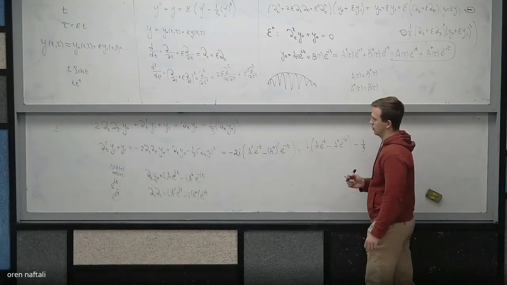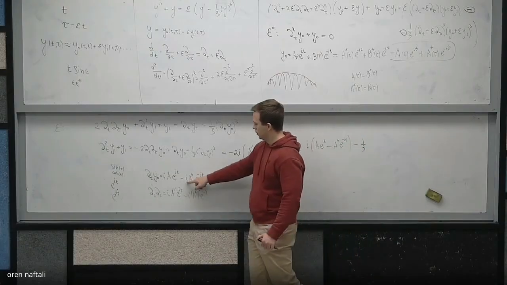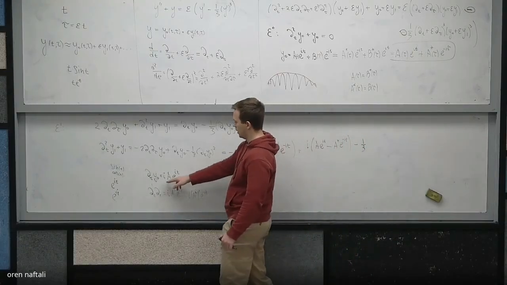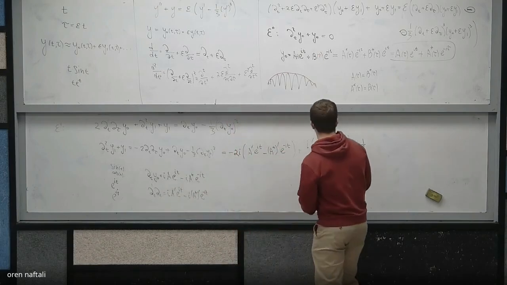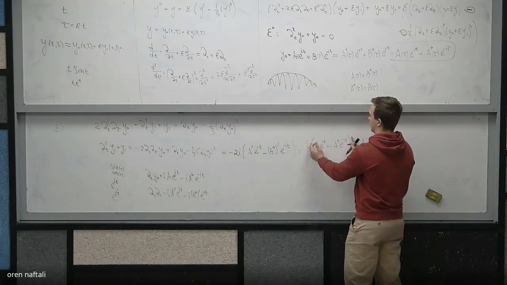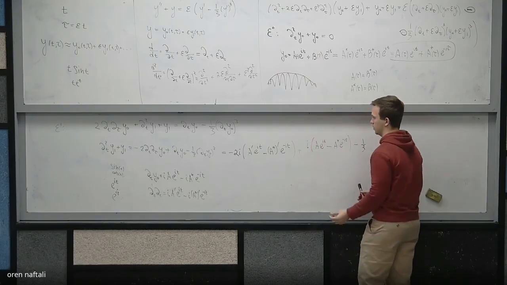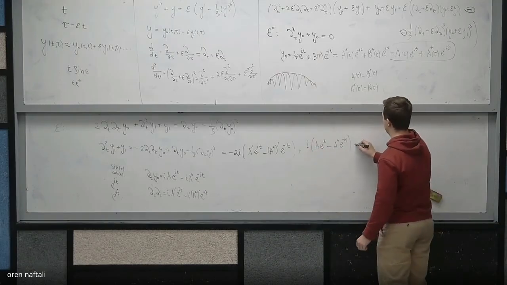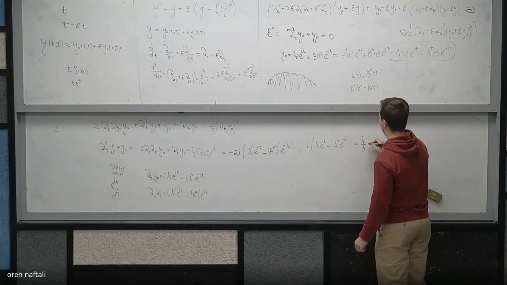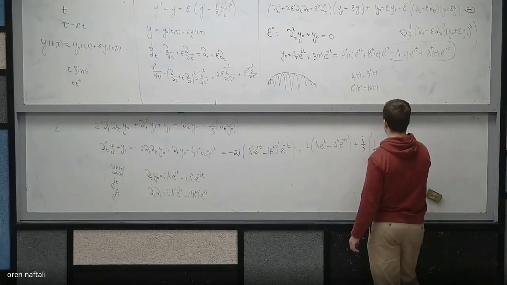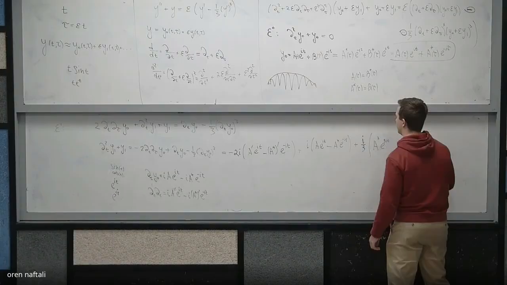So basically I can write this as i times all of this and calculate the cube of this and the cube of this. The cube of i is minus i, so therefore I have here plus a cubed times e to the 3it.